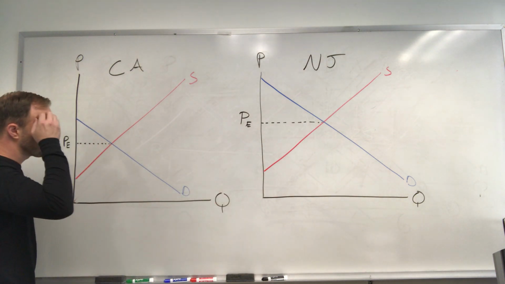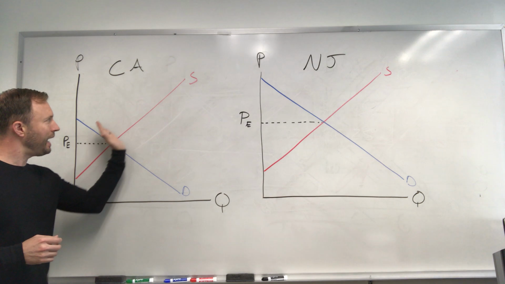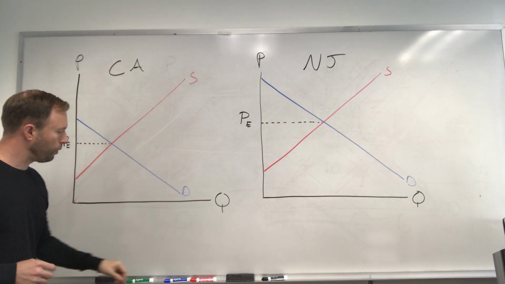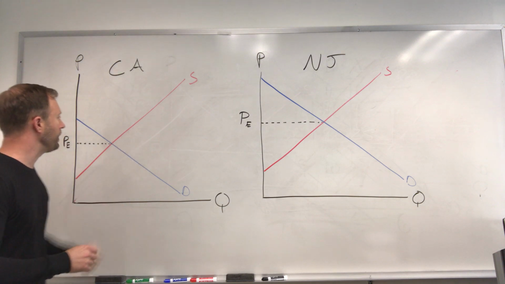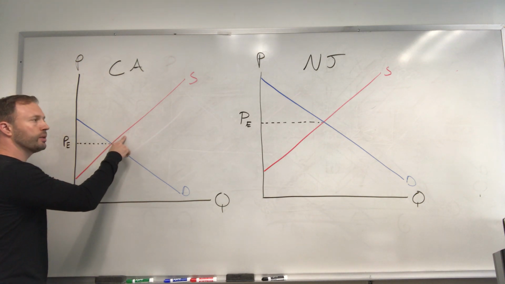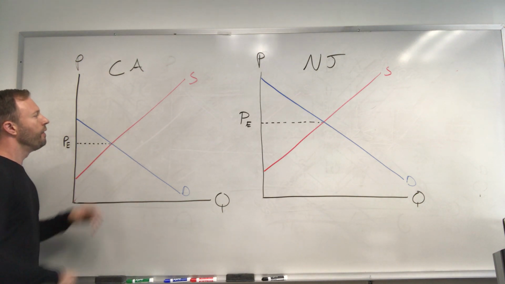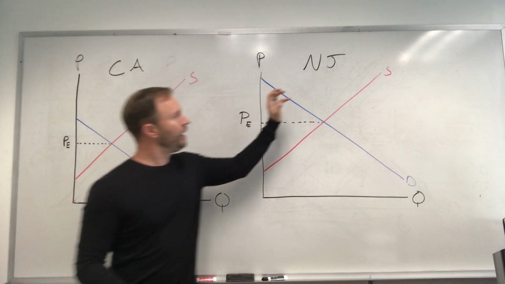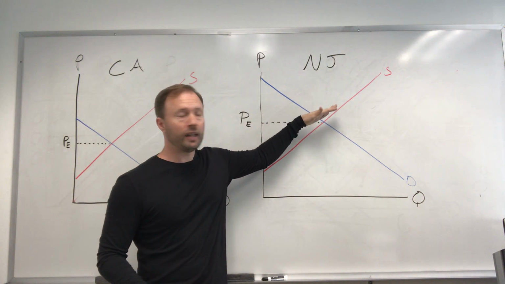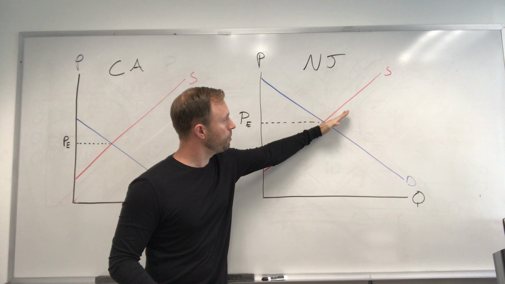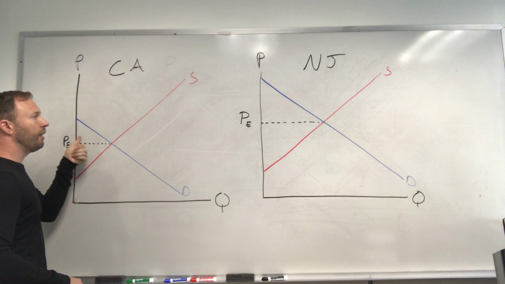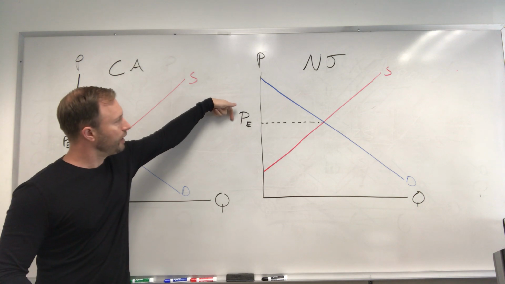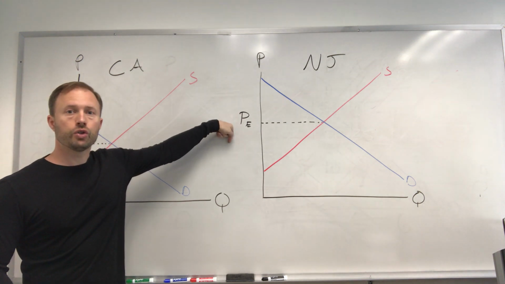Well, you're going to have some people buying up oil in California, which is going to shift demand for oil in California to the right, okay, which is going to raise the price in California. They will then take some of that oil and sell it in New Jersey, which is going to shift the supply curve down. So prices will be going up in California. They will simultaneously be going down in New Jersey.